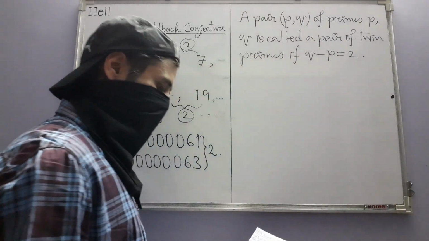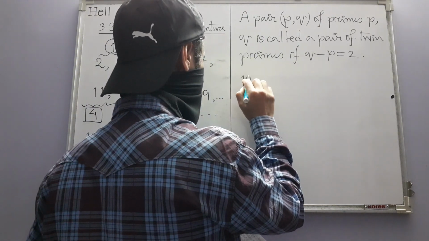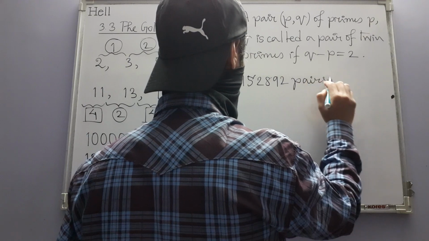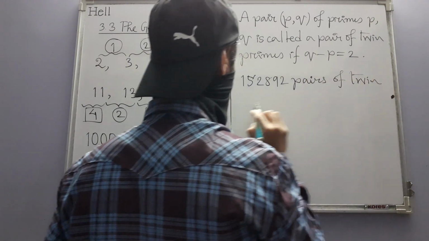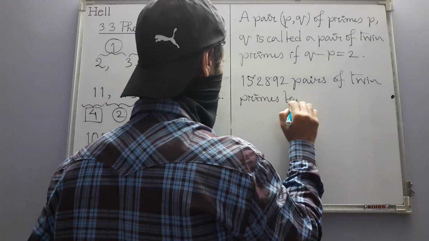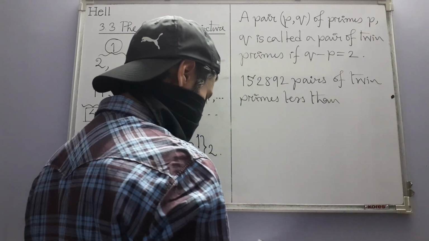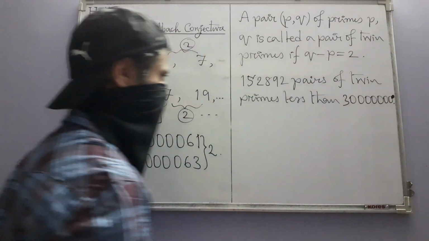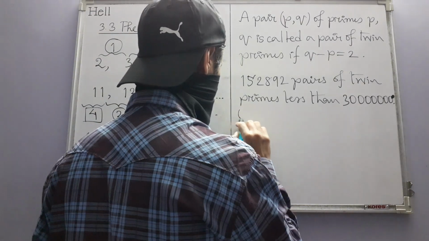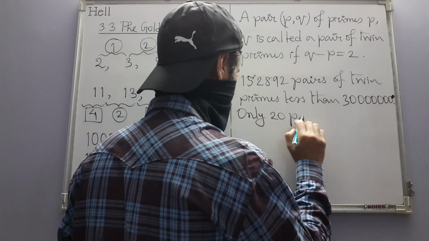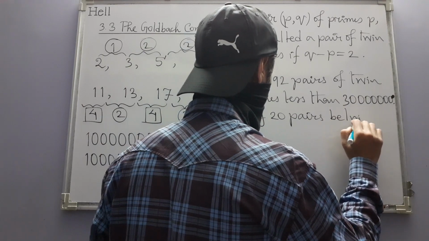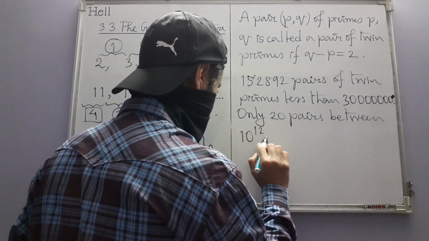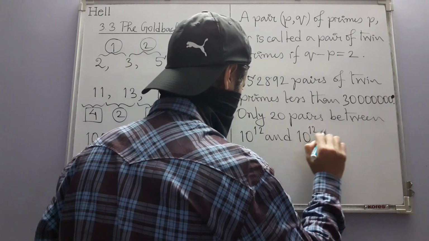He says that computer searches have found this many pairs of twin primes less than this large number, and only 20 pairs between this number and this number.